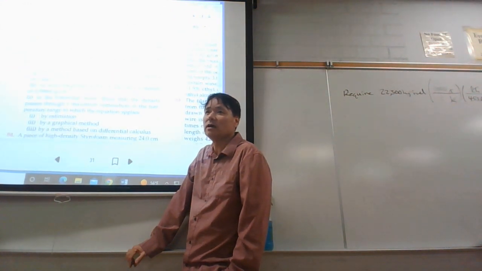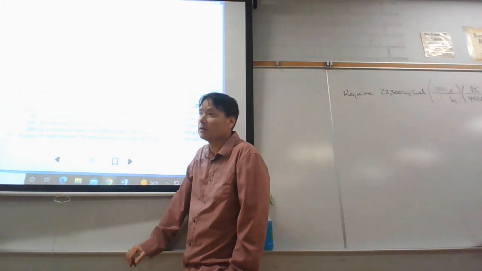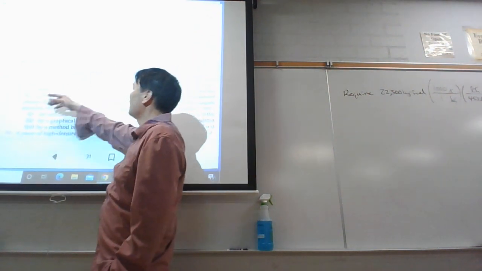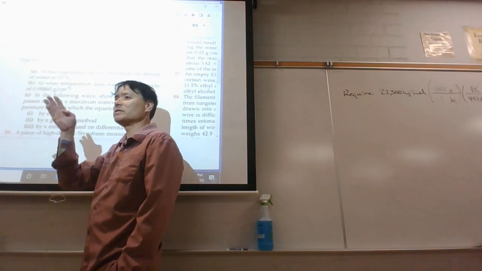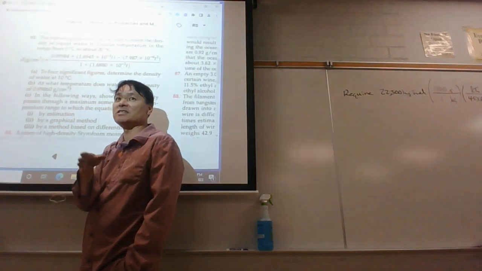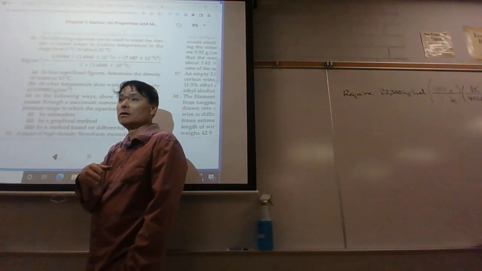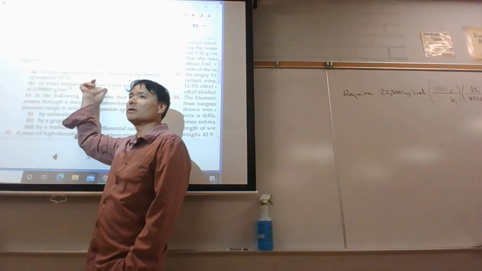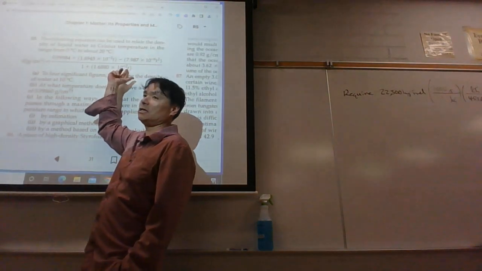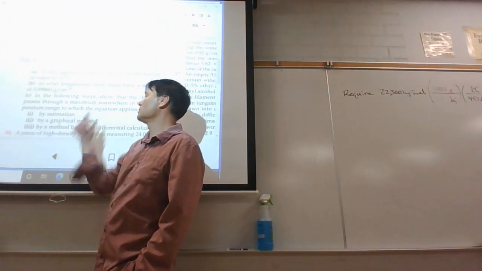We need to use the quadratic formula. This is a second order. So what we'd have to do is we plug in that, and then we get this into quadratic form. Quadratic form is ax squared plus bx plus c is equal to 0. And then we plug in a, b, and c into our quadratic formula and then solve for x. X is going to be T.